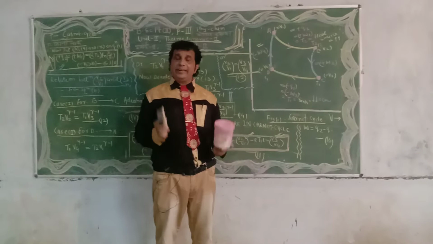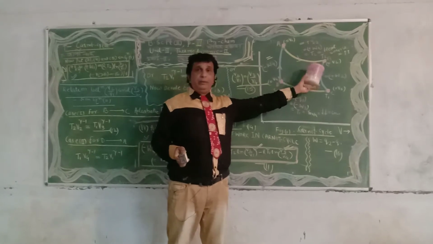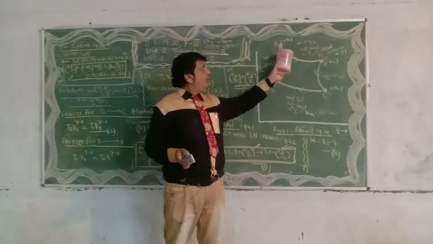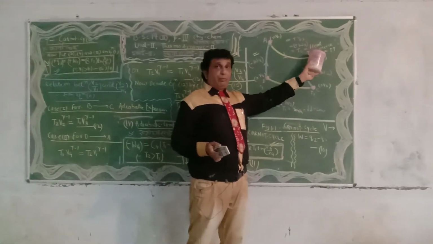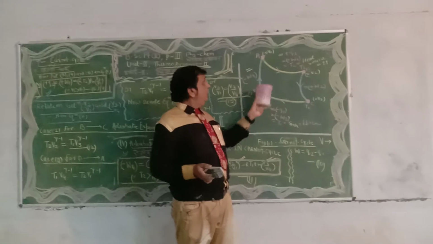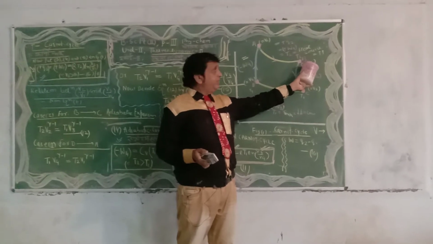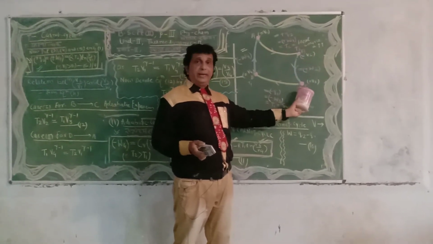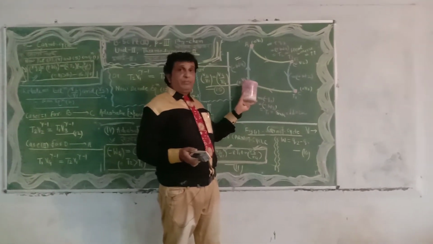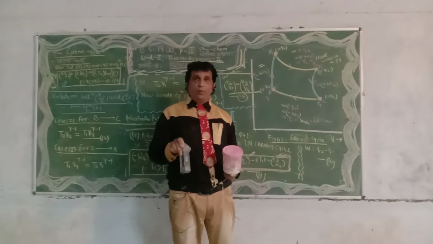Dear students, yesterday we calculated the net work for the whole cycle in which A is connected to B, B to C, C to D, D to A, having volume V1 at the point A, volume V2 at the point B, volume V3 at the point C, volume V4 at the point D. Similarly, the temperature at the point A is symbolized by T2, at the point B the temperature is T2, at the point C the temperature is T1, and at the point D it is T1, which is the temperature of the sink, having the lower value.